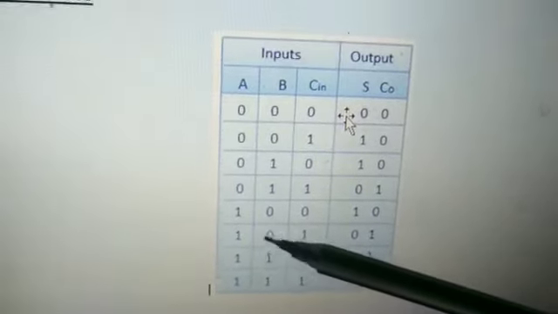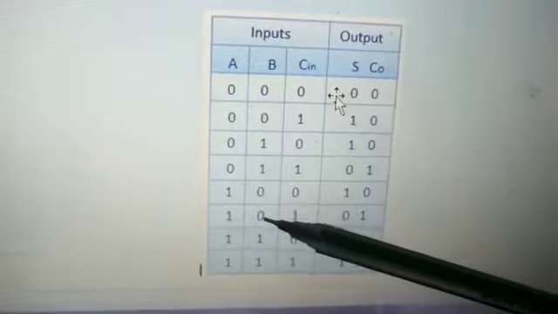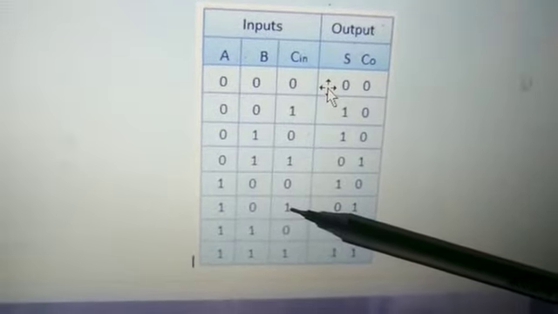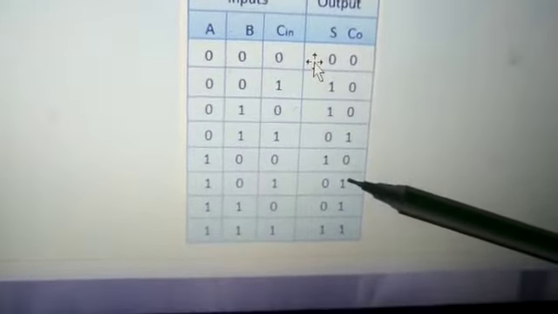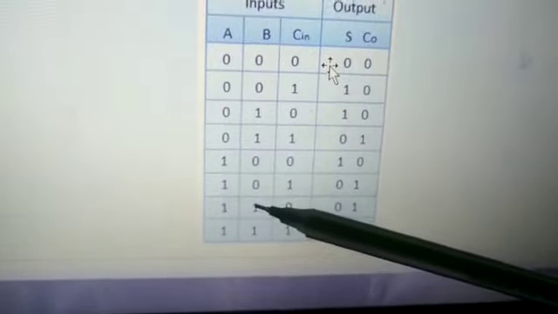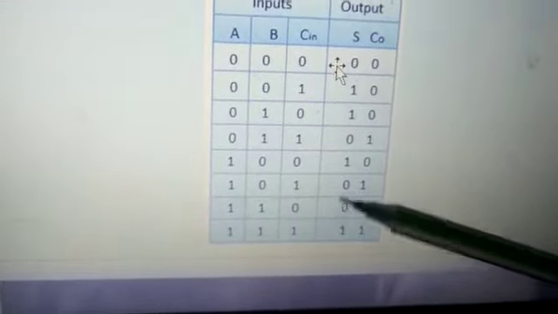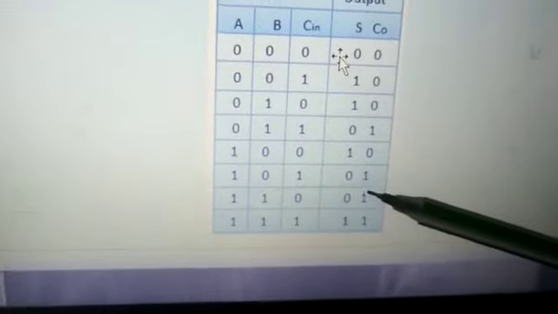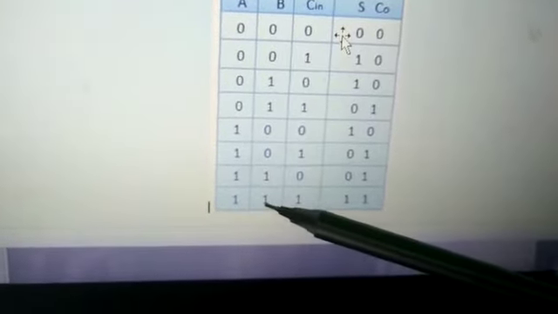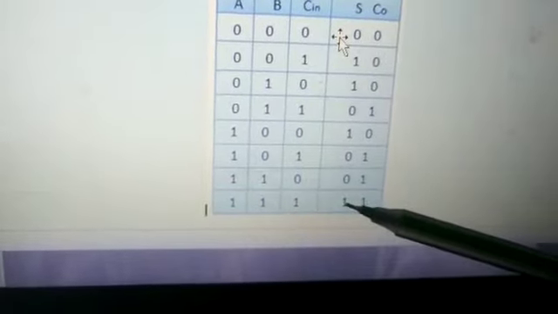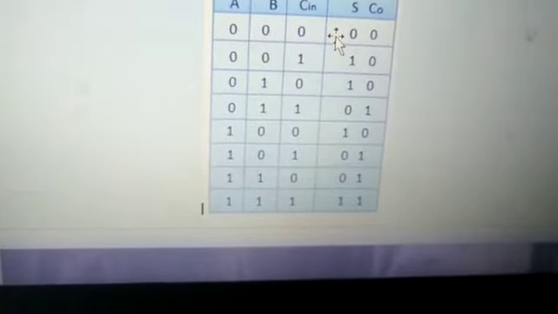Next, 1 plus 0, the answer is 1. Again 1 plus 1 is 0 and carry is 1. 1 plus 1, sum is 0, carry is 1. So that's why carry is written over here as 1. And 1 plus 1, sum is 0, but 0 plus 1, the answer is 1, and carry is 1. So I am writing the carry over here.